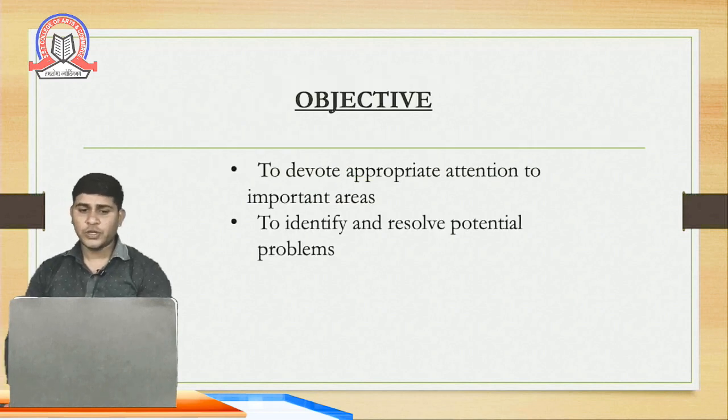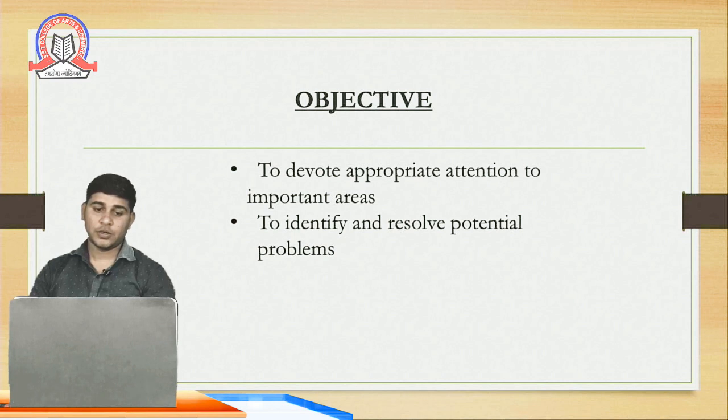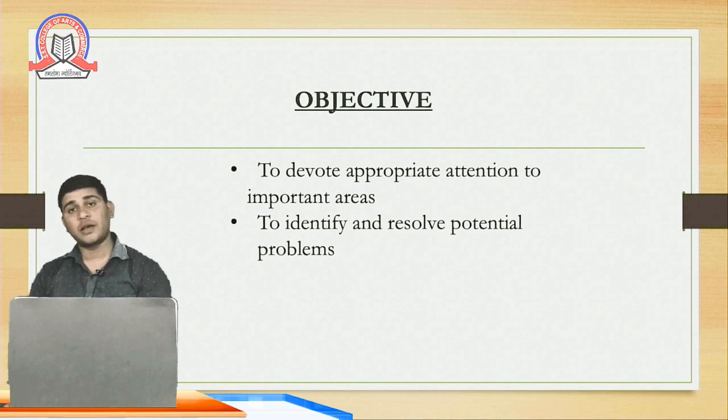What are the objectives of audit planning? To devote appropriate attention to the important areas. My dear students, in a financial statement there are various areas. Some are material things, some are non-material things. Those transactions are material in nature. What do you mean by material? Which involve cost, cash, other benefits.